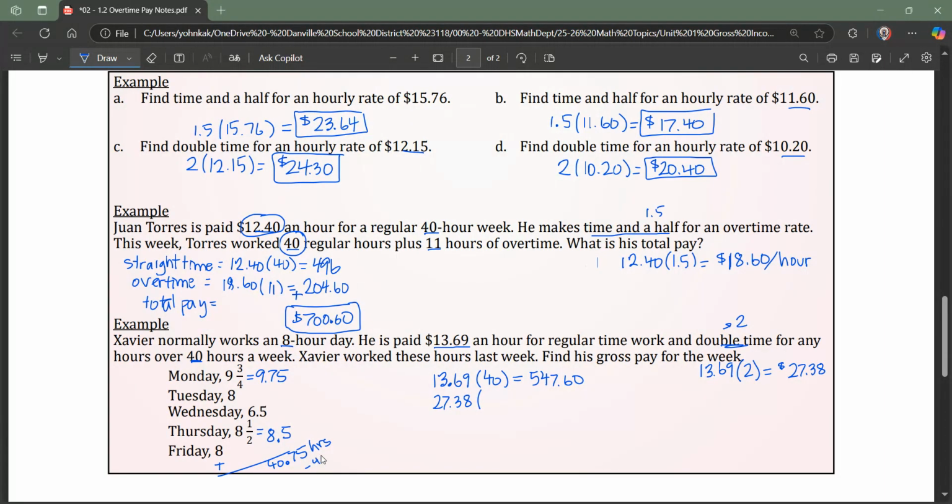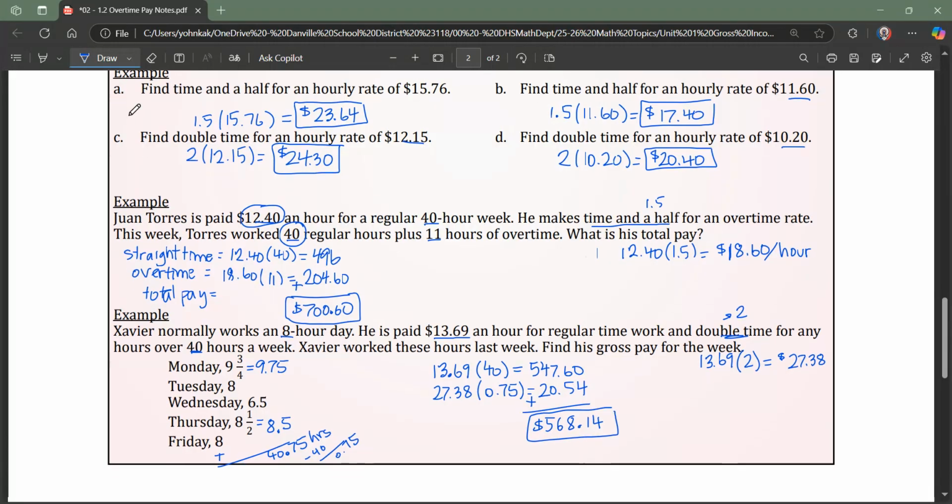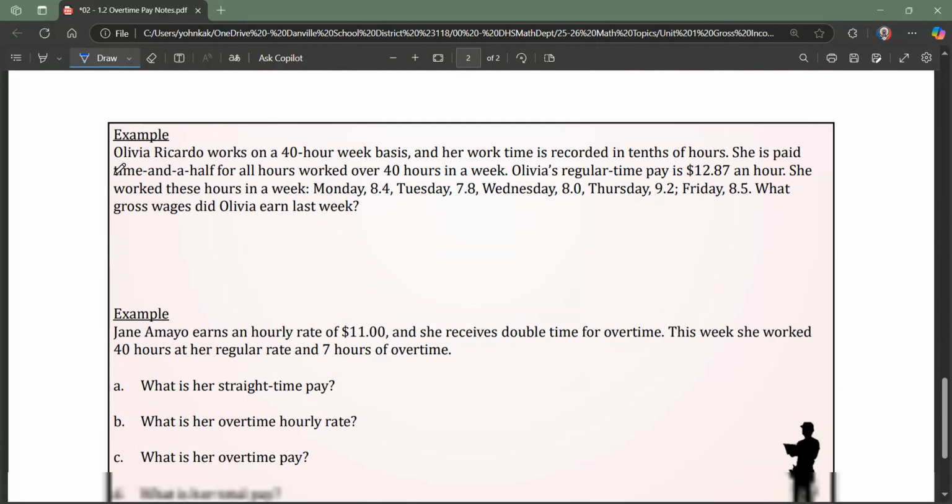If I take away 40 hours, that means he has 0.75 in overtime. So multiply by 0.75 of overtime. That gives $20.54. If I want to find his total pay, I add these two up. This gives us a total of $568.14. Not too shabby, Xavier.